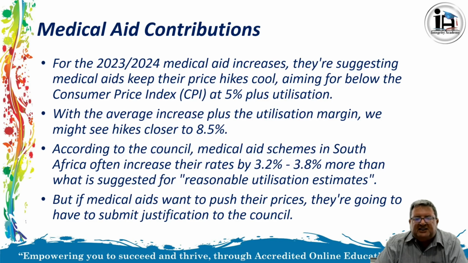With the average increases plus the utilization margin, we might see hikes closer to 8.5%, so it will be less than 10%. According to the Council, medical aid schemes in South Africa often increase their rates by 3.2 to 3.8% more than what is suggested for reasonable utilization estimates. But if medical aids want to push their prices, they're going to have to submit justification to the Council if they want higher rates.